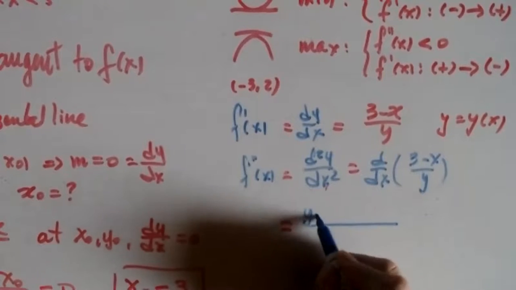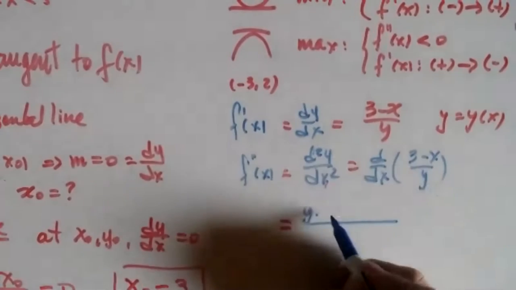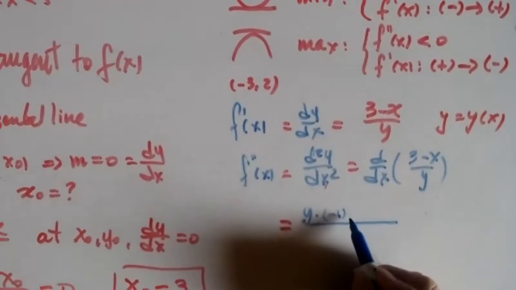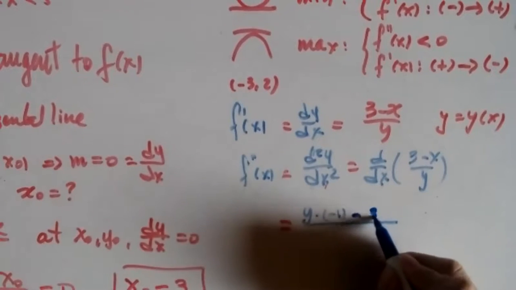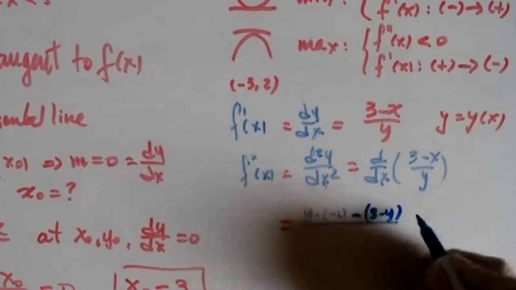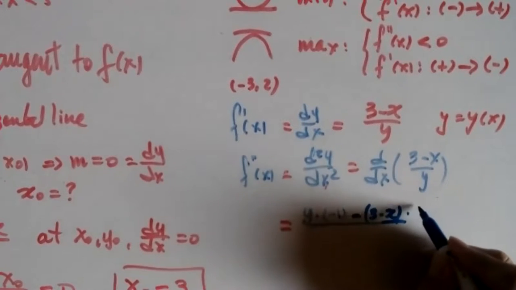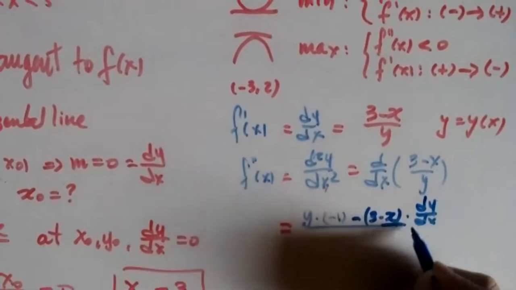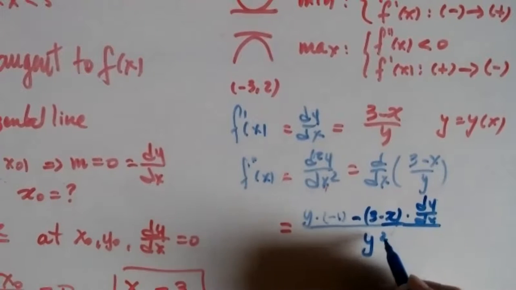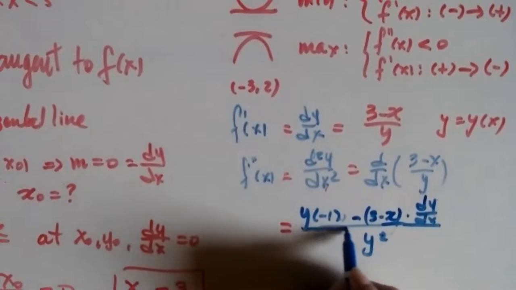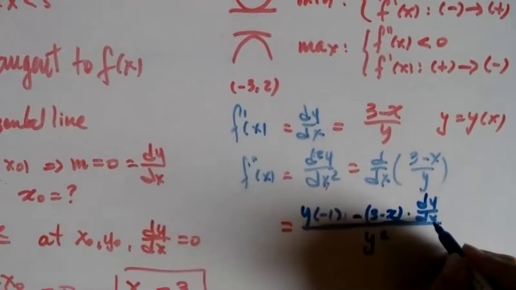So it's y times the derivative of the numerator, which is negative 1, minus (3 minus x) times dy/dx, over y squared. Let me just put this one: y times negative 1 over this, correct?